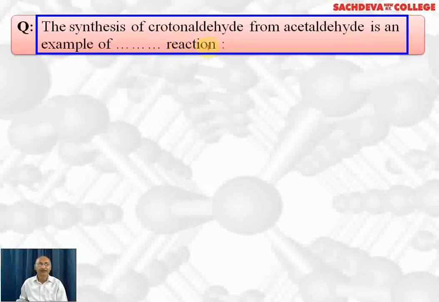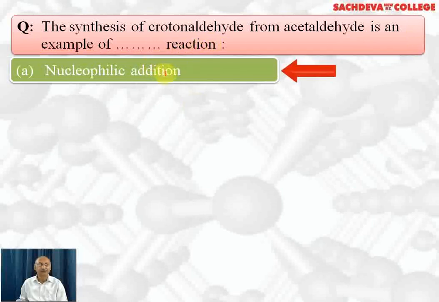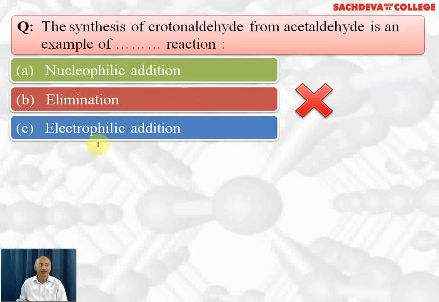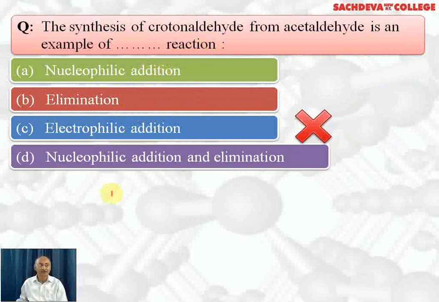Next, the synthesis of crotonaldehyde from acetaldehyde is an example of nucleophilic addition reaction? No. Elimination reaction? No. Electrophilic addition reaction? No. Nucleophilic addition and elimination reaction is the correct answer. Acetaldehyde reacts with OH ion to form a carbanion.